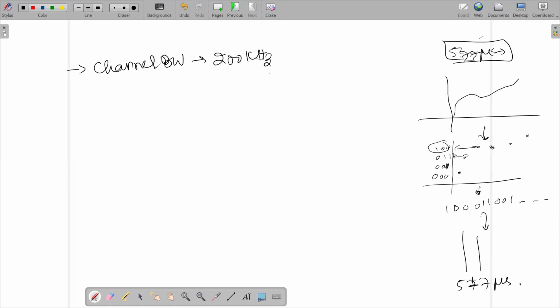This digital data will be pumped through this 577 microsecond slot. So definitely this data rate is not enough for any communication. That's why they have grouped several frames.